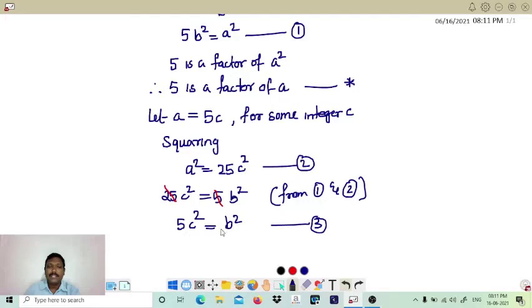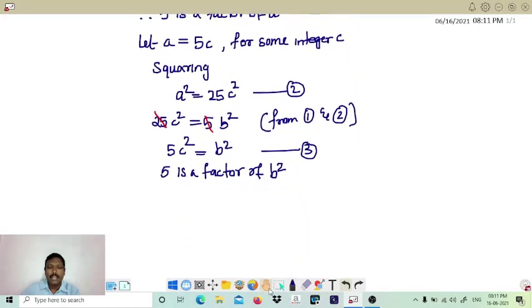Similarly, 5c squared equal to b squared, so from here 5 is a factor of b squared. So 5 is a factor of b also. Therefore 5 is a factor of b.